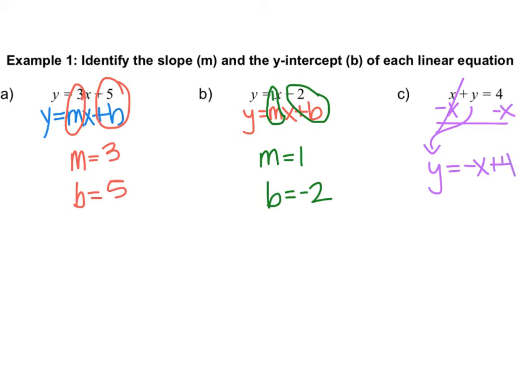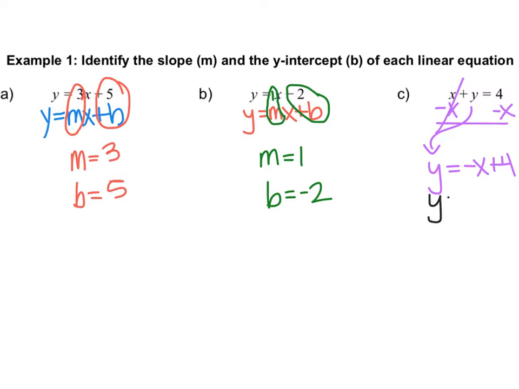I'm moving the x first so that way it's in slope-intercept form because it's mx plus b. It's not b plus mx. So that's a negative x, so I kept my x negative, and it's negative from my subtraction. But this 4 is positive, so that needs to stay positive with a +4. Please don't write this as x minus 4. That subtraction belongs to the x. The 4 is positive. So this is slope-intercept form, y equals mx plus b.